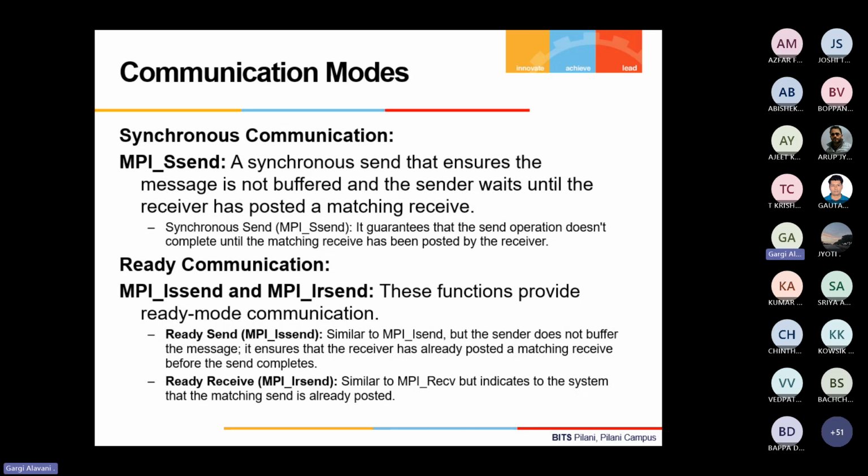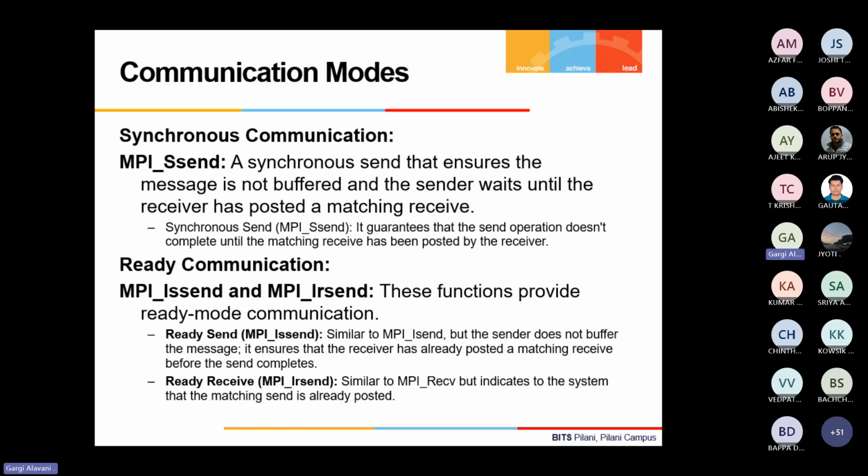Here, what you do is you send a message and ensure that the message is not buffered, and the sender will wait until the receiver has posted that it has received it. This guarantees that the send operation does not complete until there is a matching receive which has been posted by the receiver.